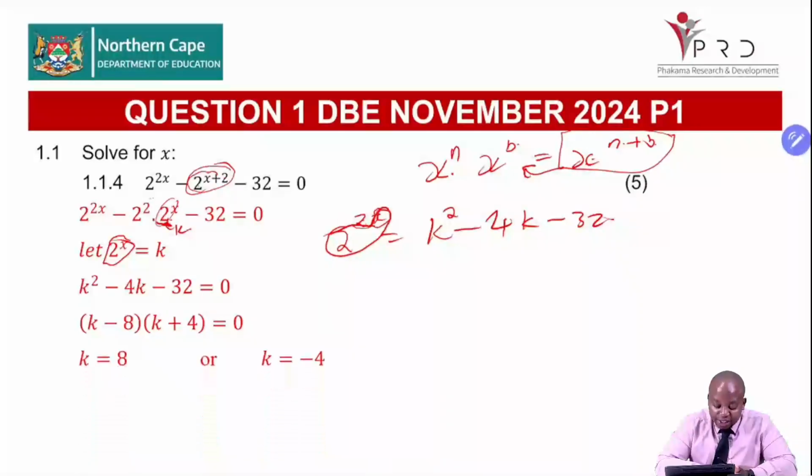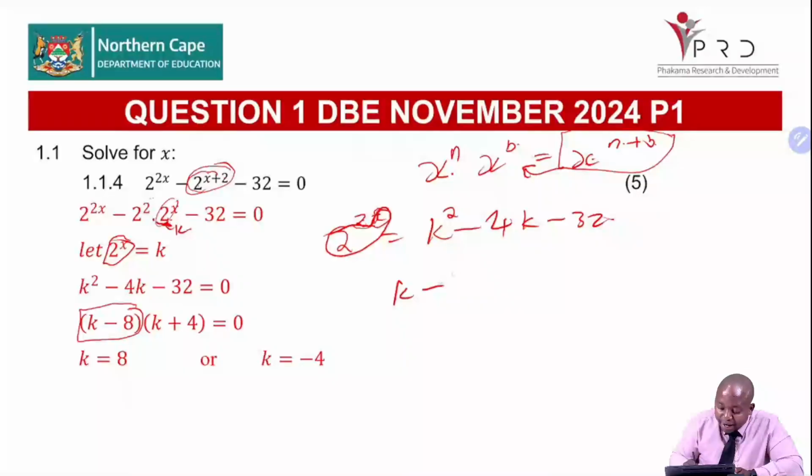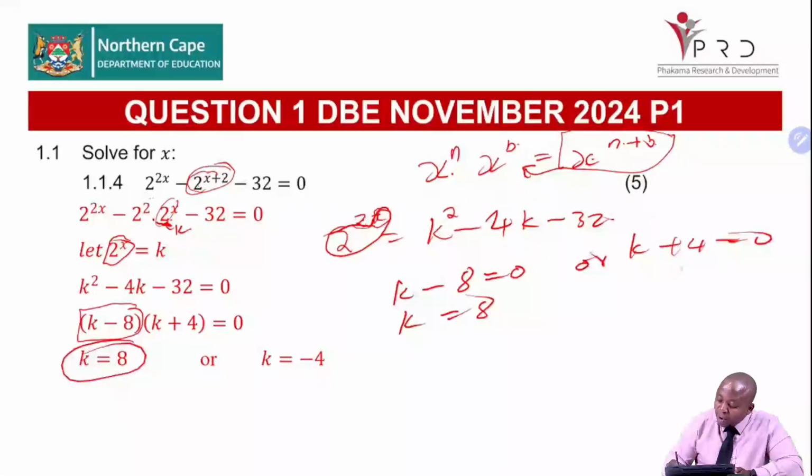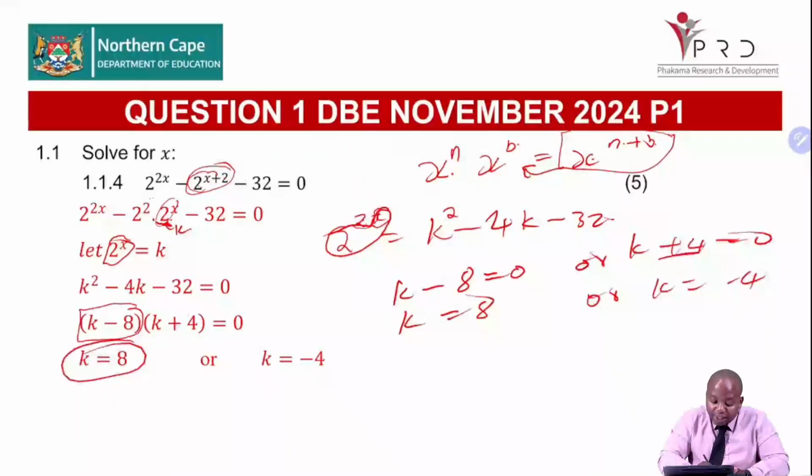Then the first answer is k minus 8 equals 0, or k plus 4 equals 0. Then k equals 8, or k is going to be negative 4, from the second bracket in that case. But remember, we're not solving for k, we're solving for x.